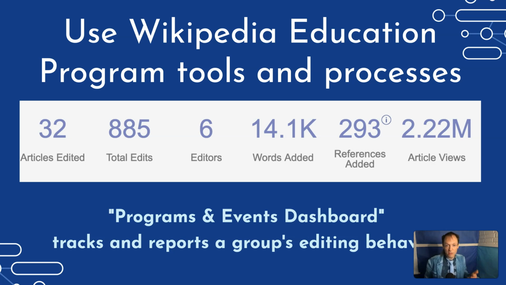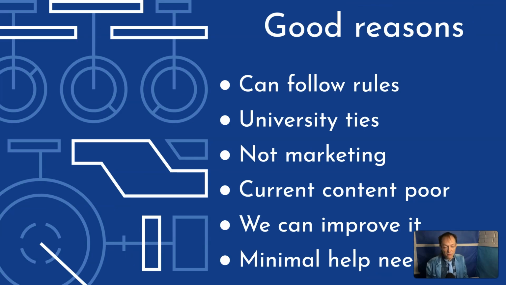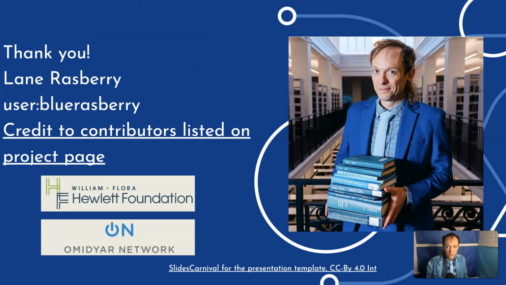This does track the edits to all the articles. It can lead you to the revision history, the track changes of everything that was done. So the project page talks about what's done. This lists what we edited, who edited, these kinds of things. And we had good reasons for doing this. The good reasons were the content wasn't good, and we wanted to tap into university expertise to make this content better. Thanks for hearing me out.